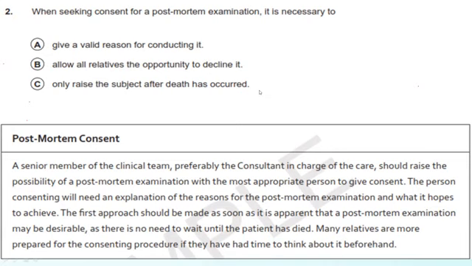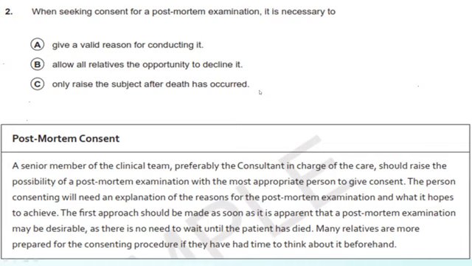Yes, I chose this because the answer was seeking consent for a post-mortem examination. It is necessary to. I was searching for such a line, and I found a similar line in the third sentence: the person consenting will need an explanation of the reason for the post-mortem examination and what it hopes to achieve.